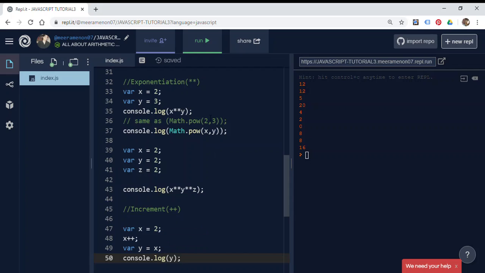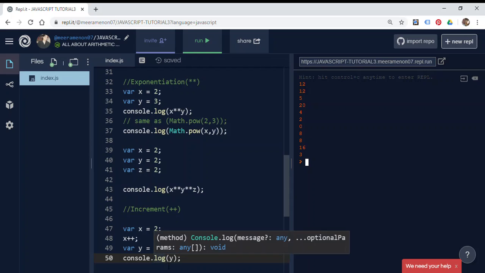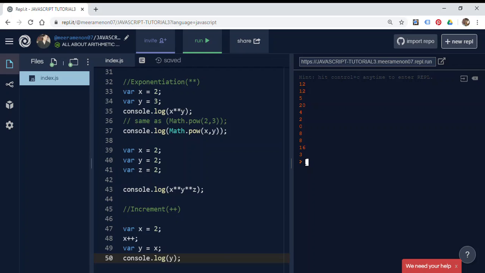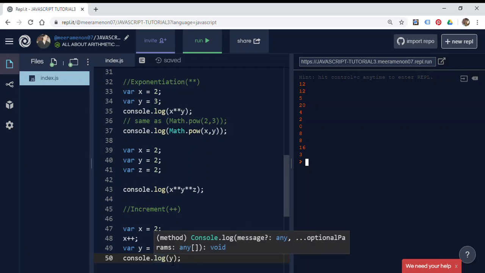So let's run it. 3, because x was original value 2. Whenever you run the increment of x plus plus, it always increases by 1. So 2 plus 1 should be 3. So now the value of variable y, which has taken on the value of the incremented x, will assume the value of 3 because it is incremented by 1.